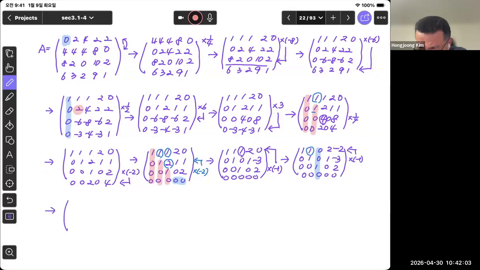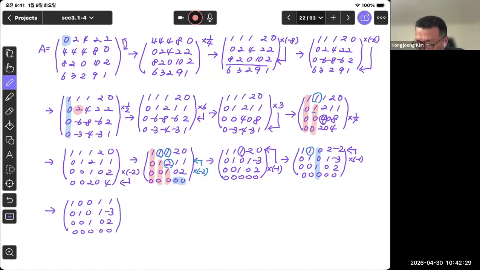Then the matrix becomes 1, 0, 0, and 1, and 1. And then you get 1, 0, 0, 1, 0, 1, negative 3, 0, 0, 1, 0, 2, and zeros.